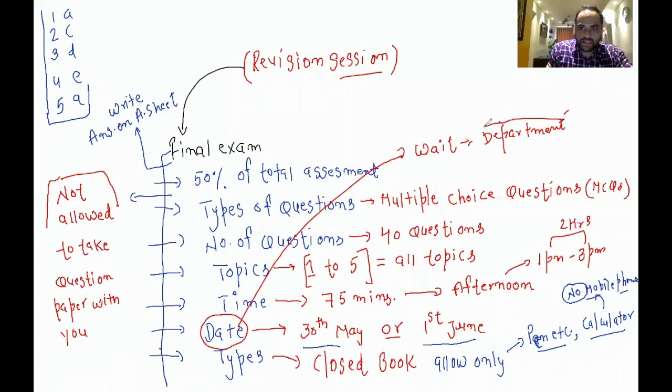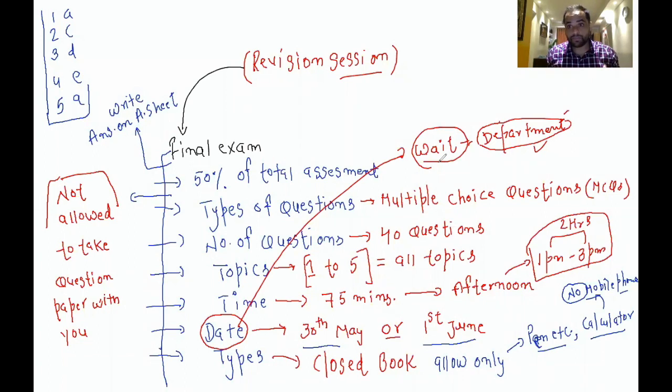Once the high quality department and the economic faculty department confirm the dates and the time, I proposed to them 1 p.m. to 3 p.m. in the afternoon. But again, we have to wait for the department. Once the department confirms the time and date, they will send you an email. I will also send you an email to confirm to students that this is the time for exams. So we have to wait, you and me, we both have to wait.